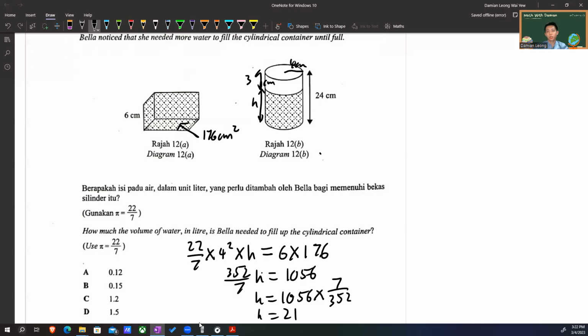So the volume that is missing: pi r square h, radius 4 square times the height 3 cm.